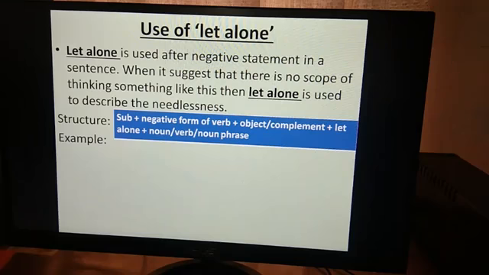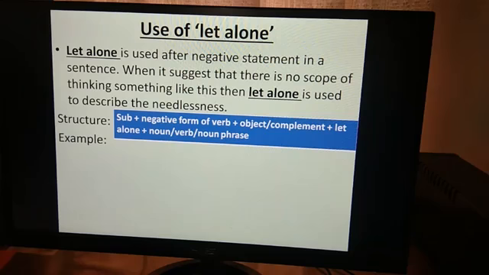When it suggests that there is no scope of thinking something like this, then let alone is used to describe the needlessness, that there is no need to think or use this.